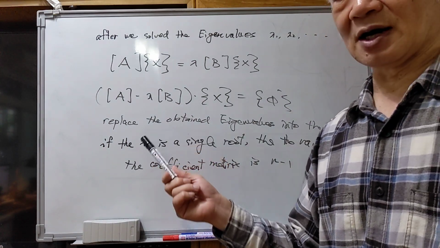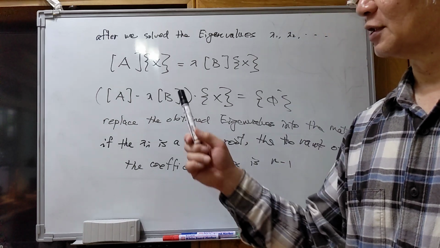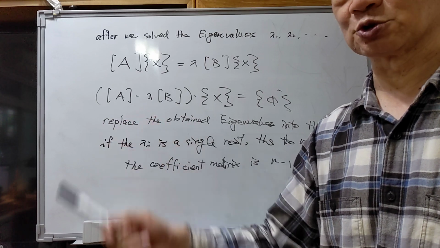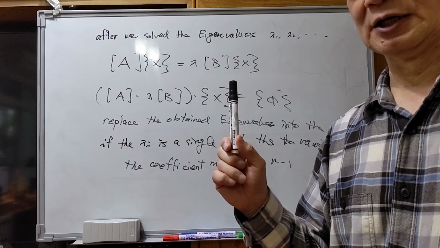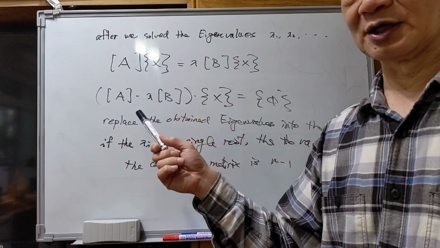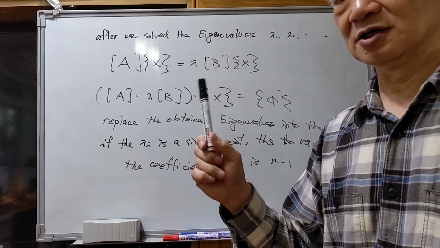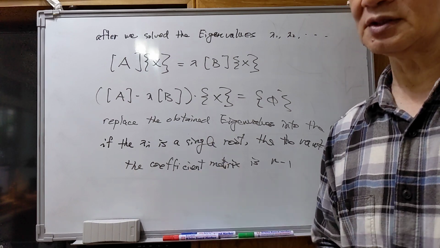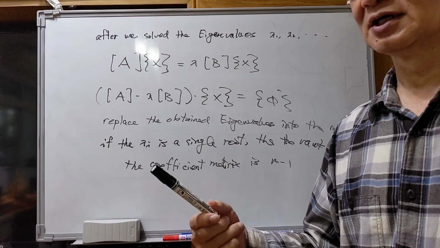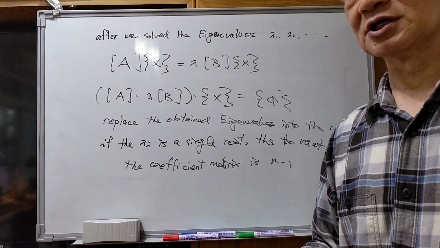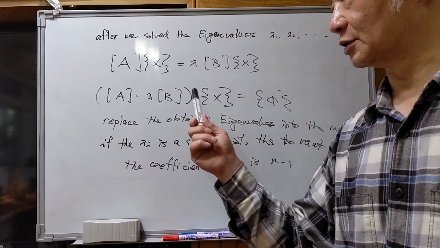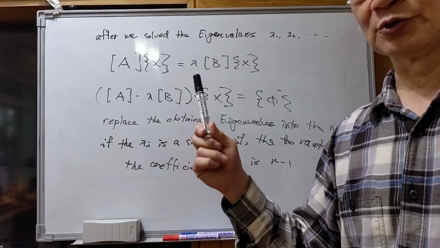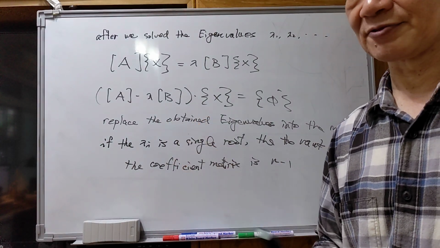But if lambda I is a double root, then if we replace lambda I into the coefficient matrix, you will find the rank of the coefficient matrix will be n minus 2. And if the root is a triple root, then the rank of A minus lambda I B will be n minus 3.